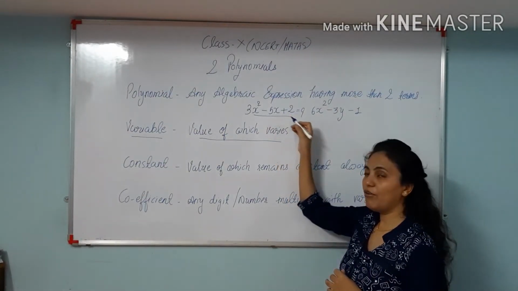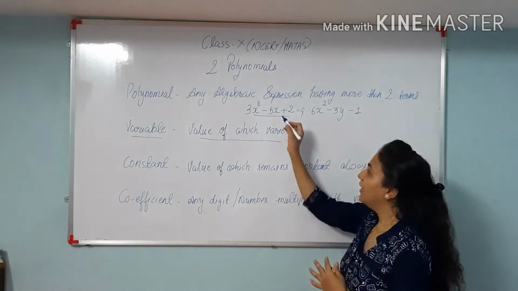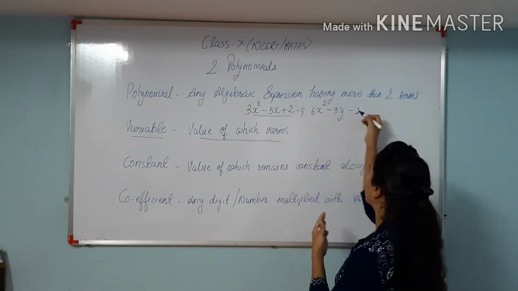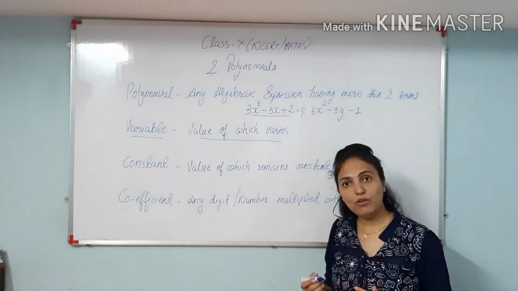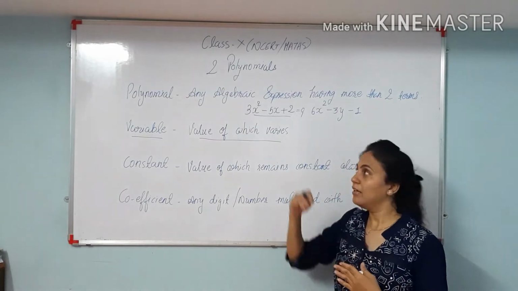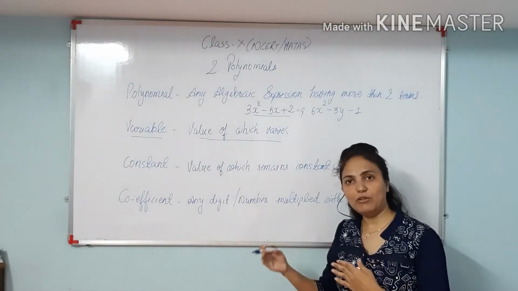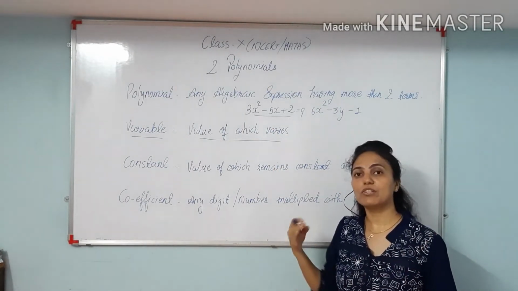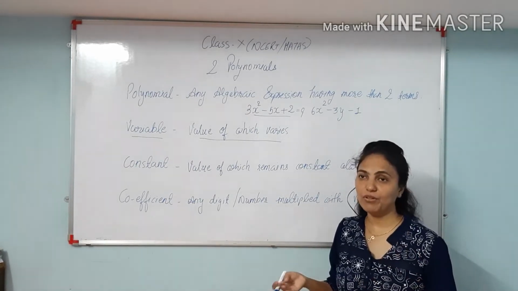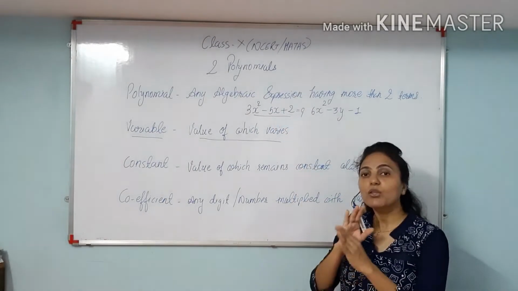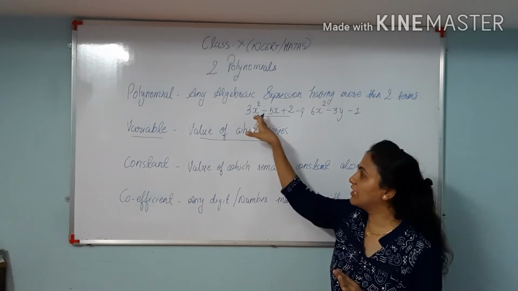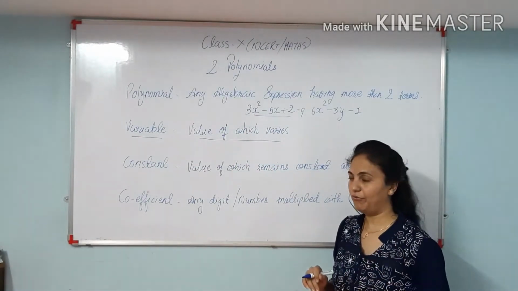But this value of x will keep on varying. It will be something for this sum and something for this sum. So the value of which keeps on varies. We know कि x की वैल्यू कोई सम में 5 भी होती है, कोई सम में 6 भी होती है, कभी कभी 0 भी होती है और कभी कभी माइनस में भी होती है. तो it means the value of which keeps on varies is called variable.